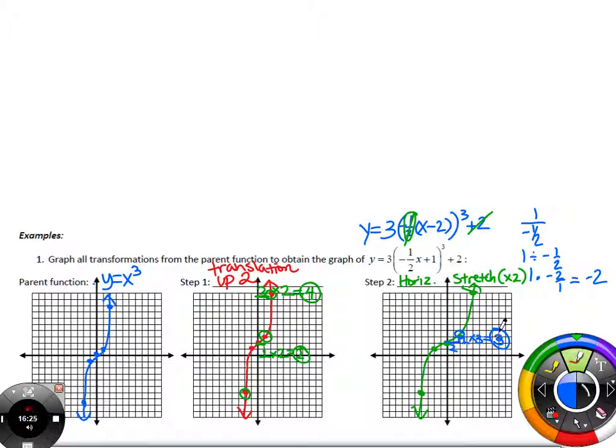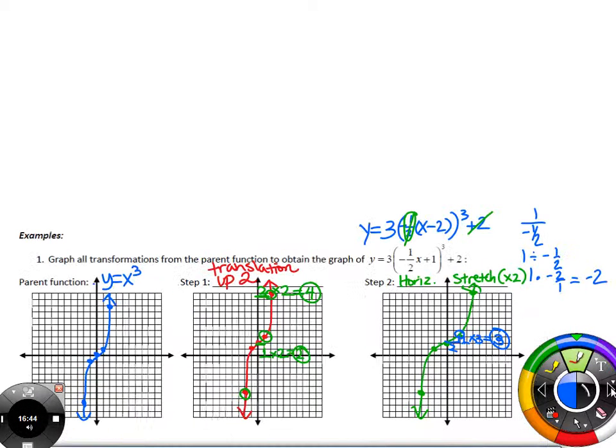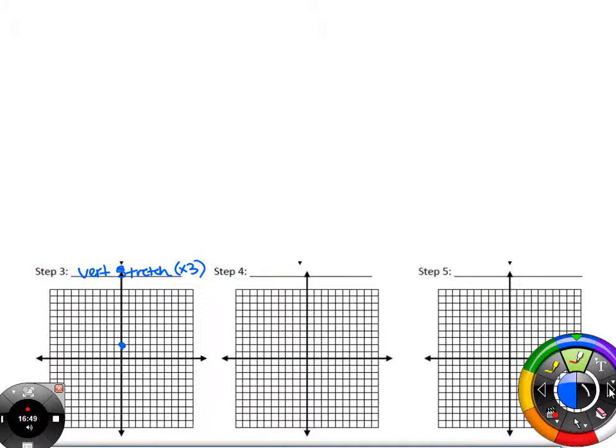I want this new distance right here to be 3, meaning when I look at my vertex, the point that I plot 2 units to the right, I don't want it to be 1 unit above. I want it to now be 3 units above. That's the new distance measurement that I want. Okay, so on my graph, from my vertex, that point that was 2 away horizontally is still going to be 2 away horizontally, but rather than being 1 unit above, based on my little calculation, it should be 3 units above.